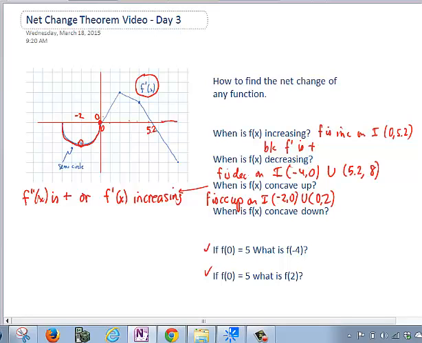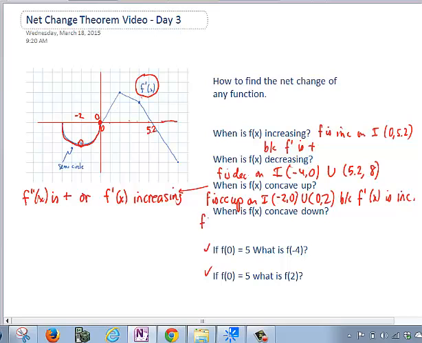It's because there's a corner right here, and where there's a corner, there's non-existence. Where there's a corner on the f prime graph, that means there's non-existence of the second derivative. So you can't really say at that point the function was concave up. And you would say because f prime of x is increasing on that interval.